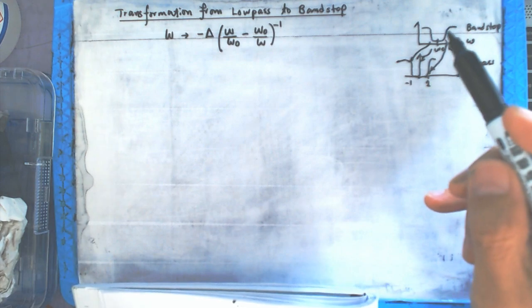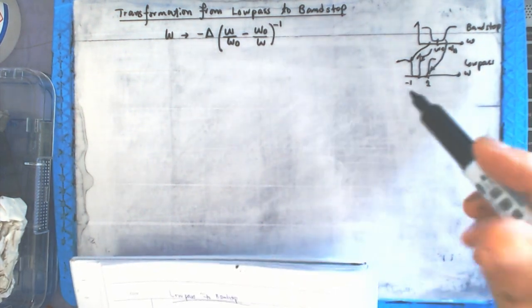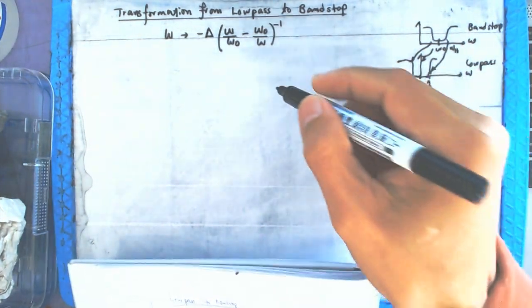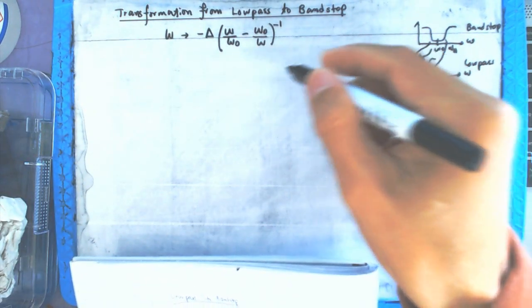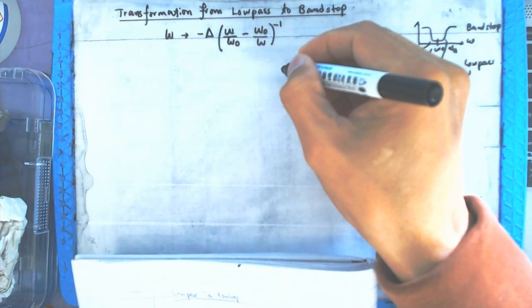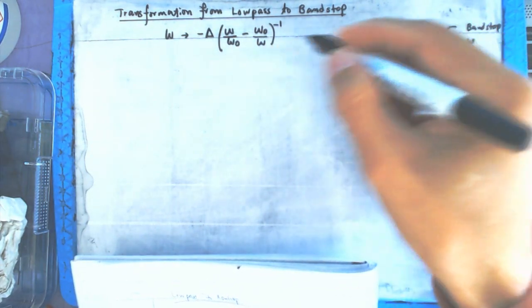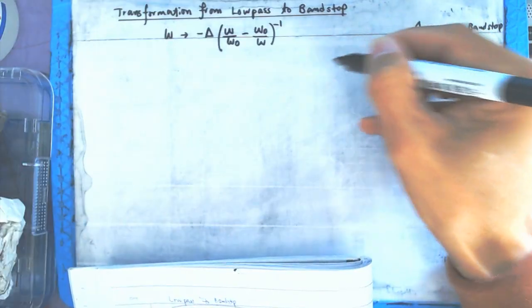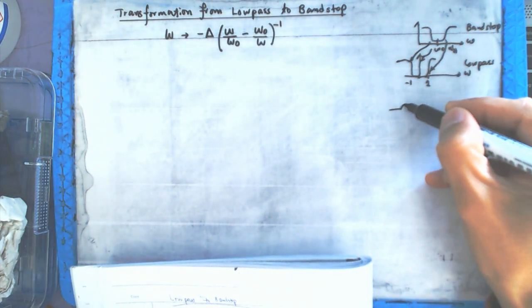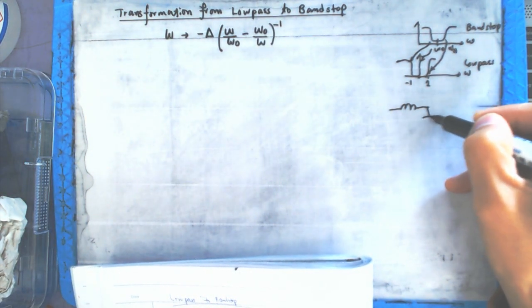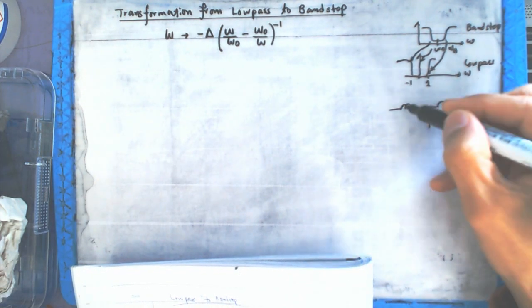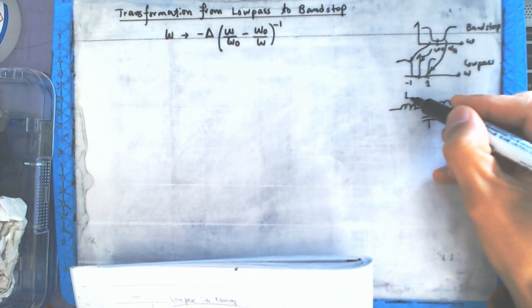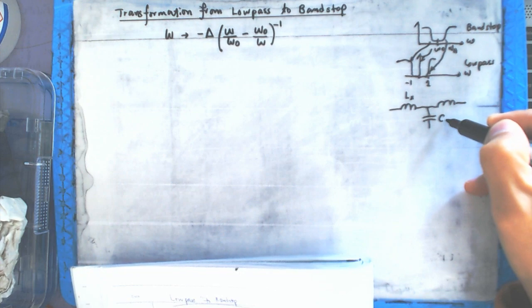So after looking at the prototype table, you may end up with a network something like this for low pass. So they may have Lx, and here is Cx, something like this.